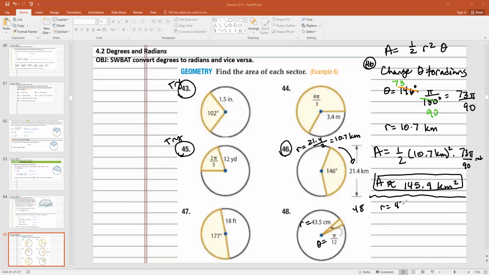R equals 43.5 centimeters. Theta equals pi over 12. It's already in radians. We don't need to change it. So here's just A equals 1/2 R squared times theta. So 1/2 times 43.5 centimeters squared times pi over 12.